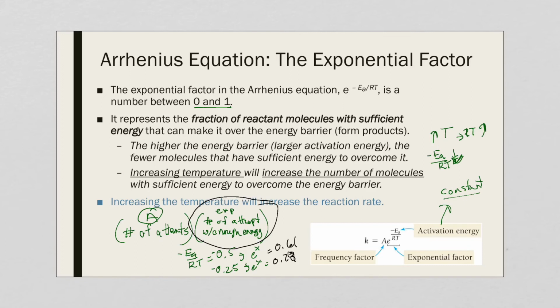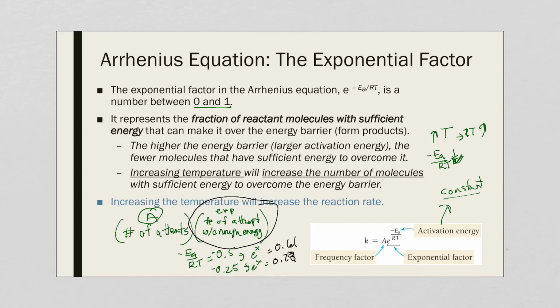Which means if our exponential factor gets bigger, that means our k is going to get bigger. Our rate constant is going to get bigger, which means our reaction rate gets faster. Increase the rate constant, we get faster reactions.